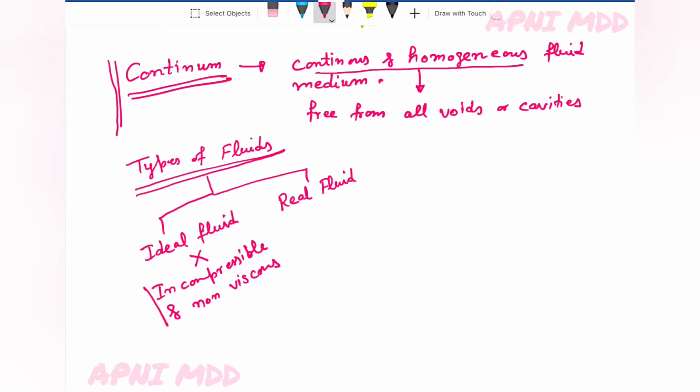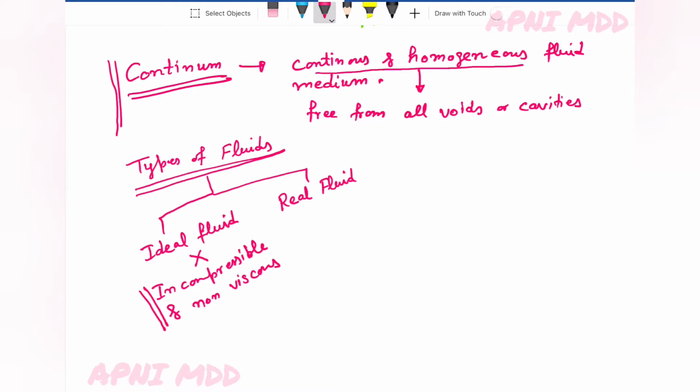Means ideal fluid is that one which has no viscosity and which is incompressible. So that we call as ideal fluid.